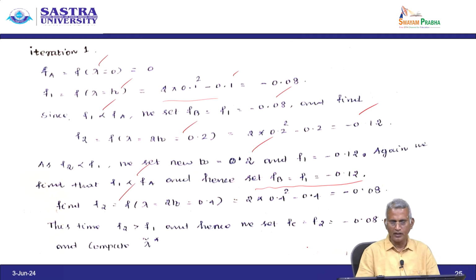So, that f2 may generated. Now, check with f1 and f2, f2 is greater than f1, and hence fc equal to f2 equal to minus 0.08 and compute lambda star.